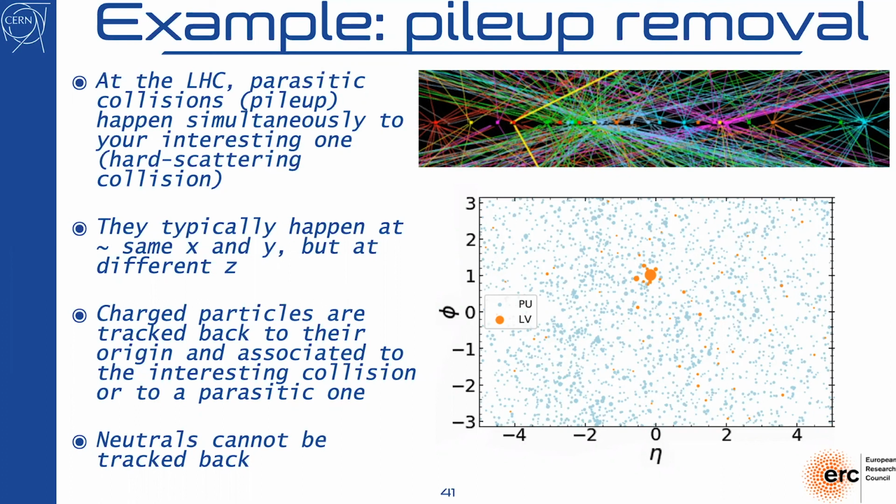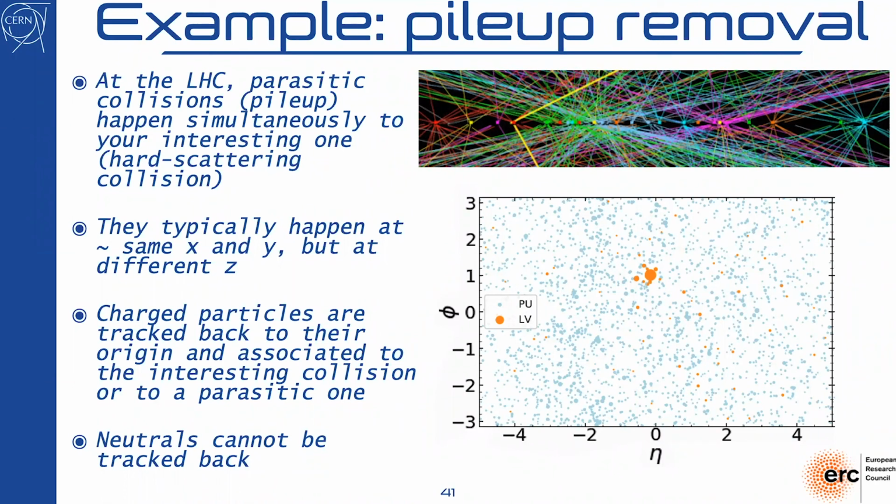So this is the detector cylinder unrolled into a rectangle. And now for the charged particles, you know where they come from because you can track them, this thing that you see on top. So for each of those dots, you know if they come from the interesting vertex or from pileup.